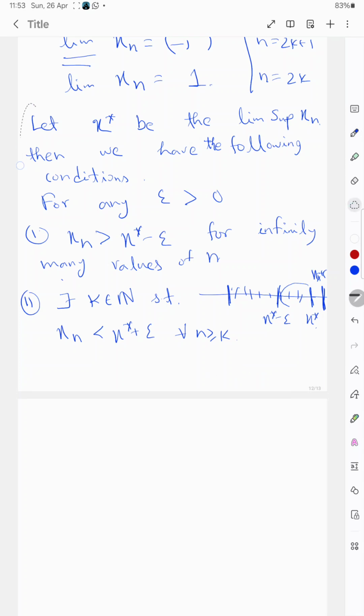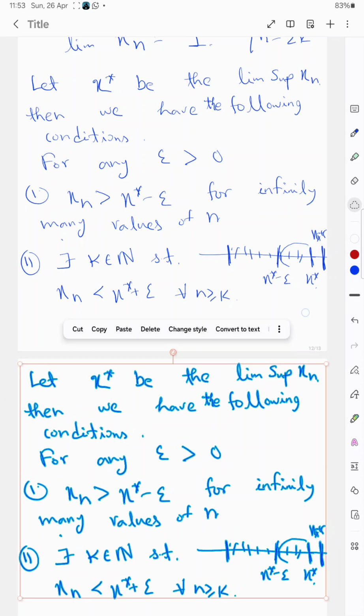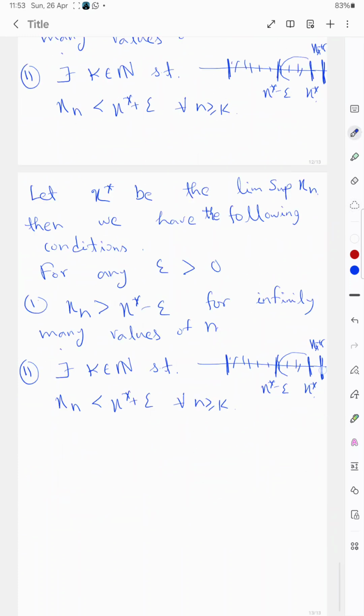Now similarly, if you are trying to write it for limit infimum, so what is happening here? Suppose this is x lower star, this is your x star plus epsilon, this is your x star minus epsilon, right?